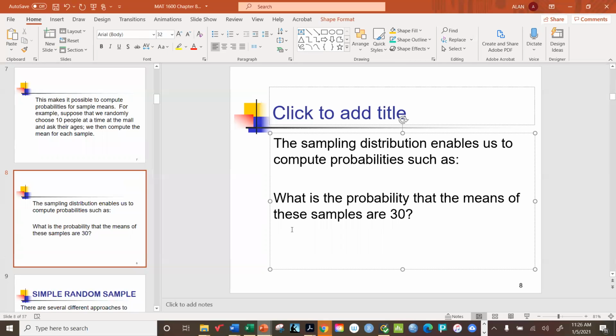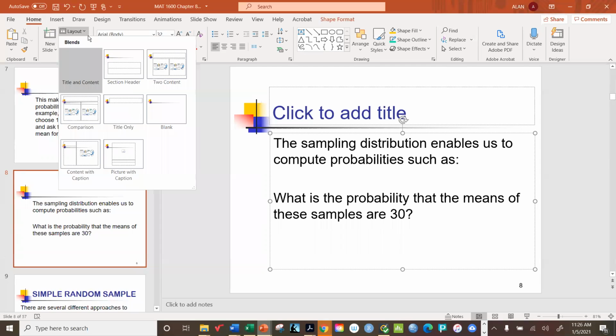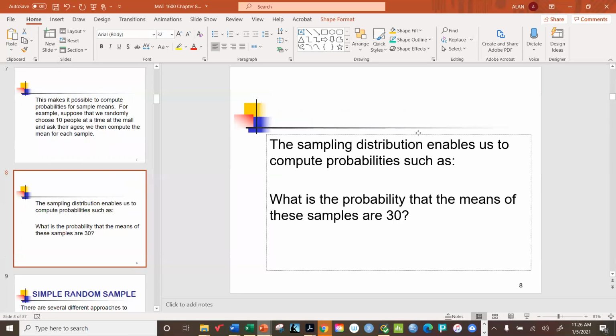So if I want to know that probability, I can do that because I'm creating a probability distribution from these sample means with very specific properties, including the idea that the distribution is normal.